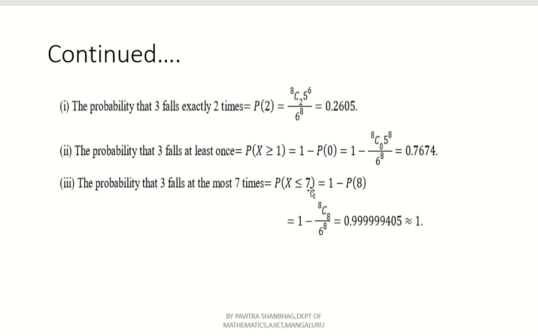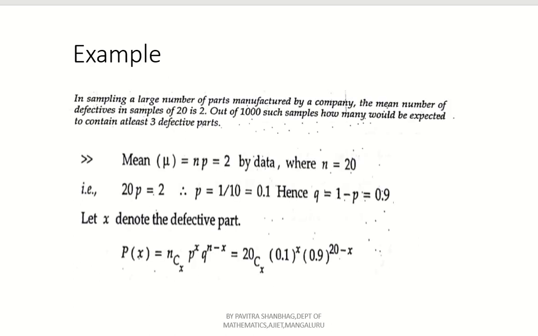Instead of calculating 0 to 7, you can calculate 1 minus P of 8. So you will get 1 minus 8C8, 1 by 6 power 8, which is equal to 0.9999, or approximately equal to 1. Okay.